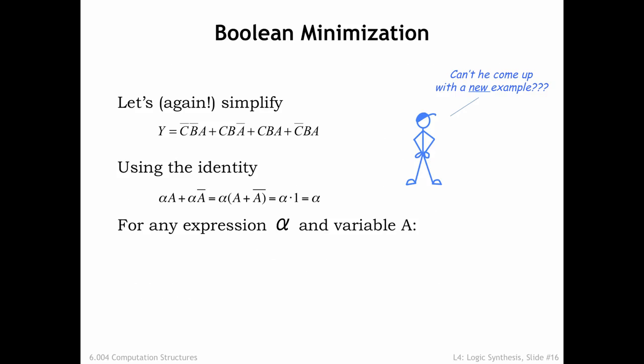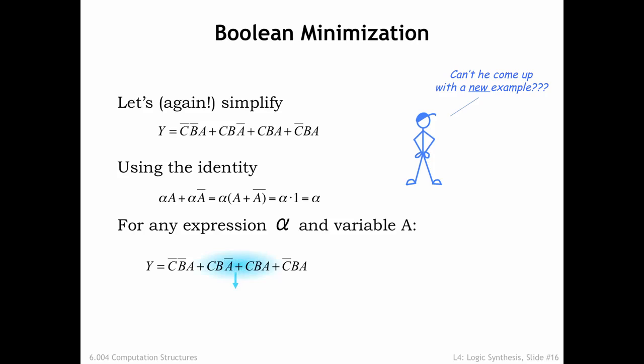Here's the equation from the start of this chapter involving 4 product terms. We'll use a variant of the reduction identity involving a Boolean expression alpha and a single variable a. Looking at the product terms, the middle 2 offer an opportunity to apply the reduction identity if we let alpha be the expression c and b.